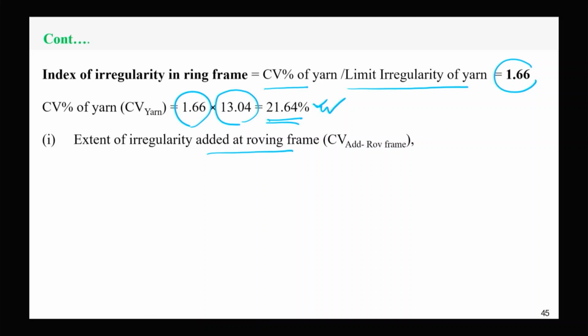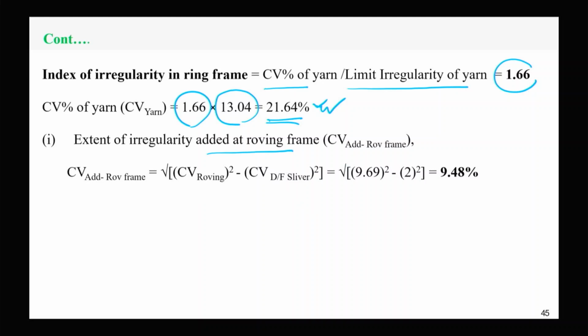So the input of roving was the draw frame sliver, which was 2%, and roving was 9.69% as we have calculated. So 9.48% was the CV added at the roving frame. And for yarn, the CV of roving is 9.69 and the CV of yarn is 21.64.